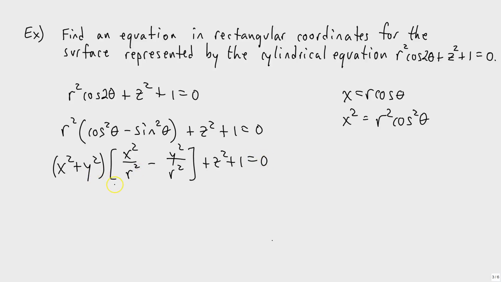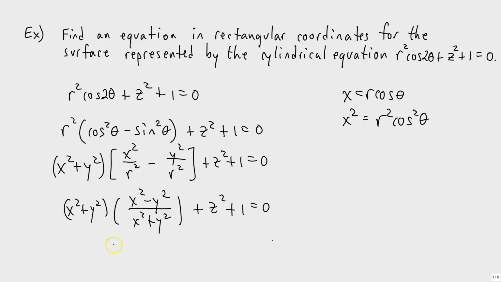So as you can see, we're going to get a common denominator of r squared. Well, r squared is the same thing as x squared plus y squared, so this is going to simplify nicely into x squared minus y squared plus z squared equals -1, or you could write it as y squared minus x squared minus z squared equals +1.